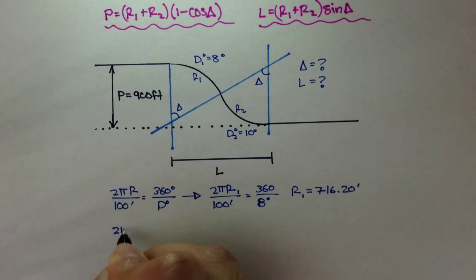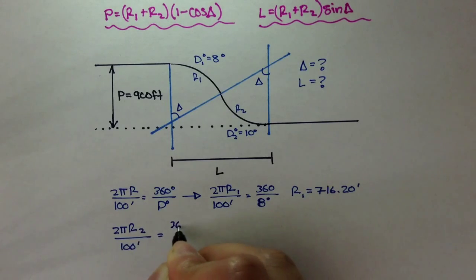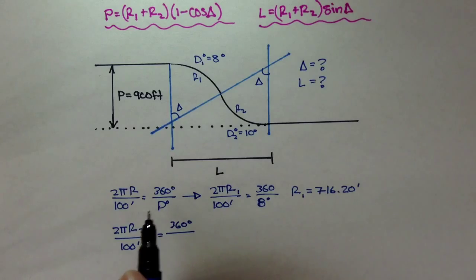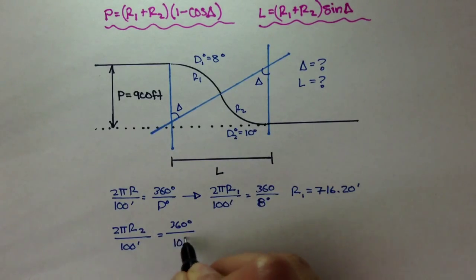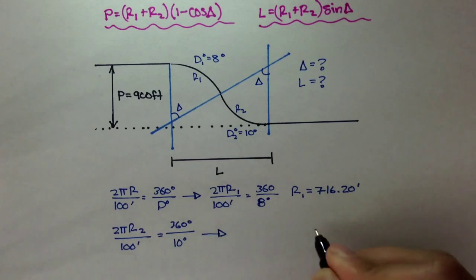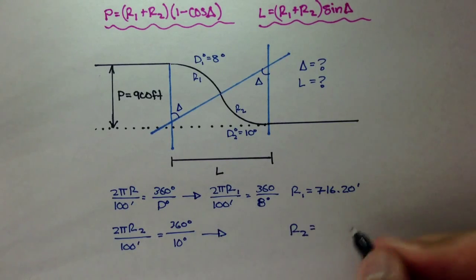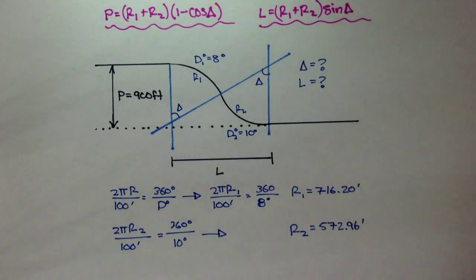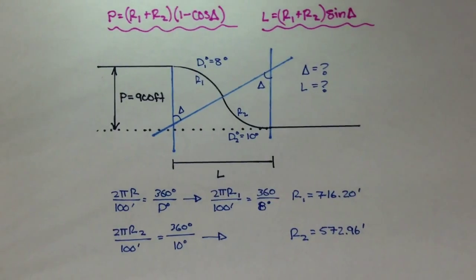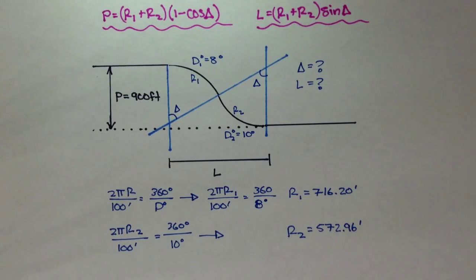And similarly, we can do this for curve 2. 2 pi R2 over 100 feet is equal to 360 degrees over the degree of curvature for curve 2, and that's 10 degrees. We plug that in, we get R2 is equal to 572.996 feet. Okay, so we figured out what the two radii are.